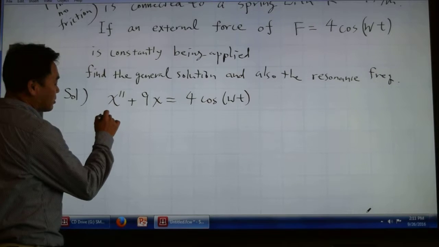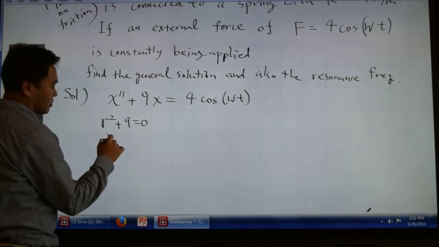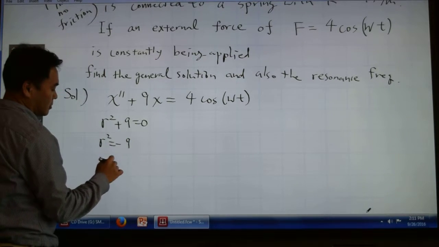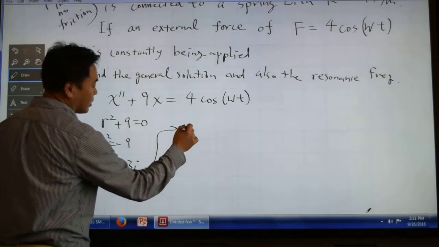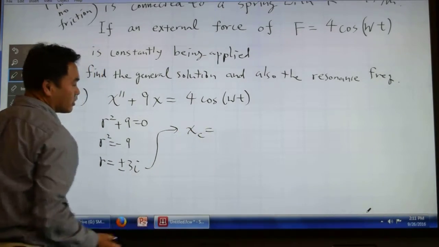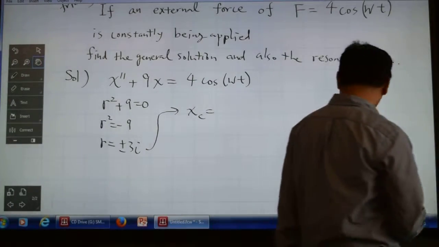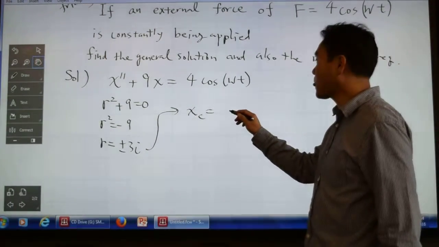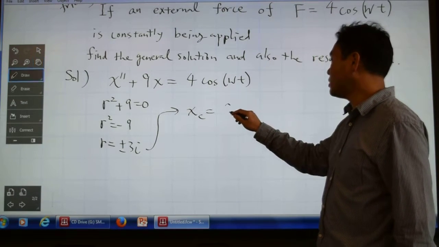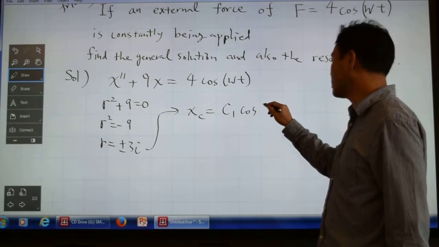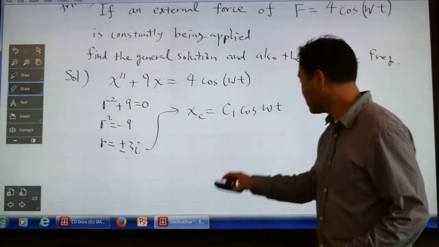First, you have to find the complementary solution, right? So that says x complementary is equal to c1 cosine, not omega t.